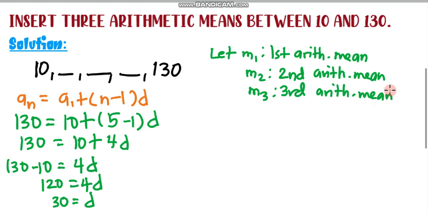Okay? Again, my purpose for representing them through these variables is for you to avoid confusion and, of course, to have clearer details on how the numbers are solved.